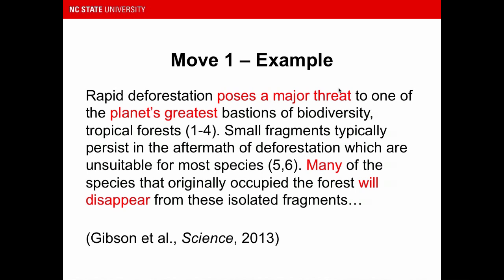And then they go on to say many species will disappear. So the literature continues to connect to the element of significance here. Their literature review continues on for a while. I haven't cited it all here, but this gives you an example of starting right from the get-go with a statement of significance.